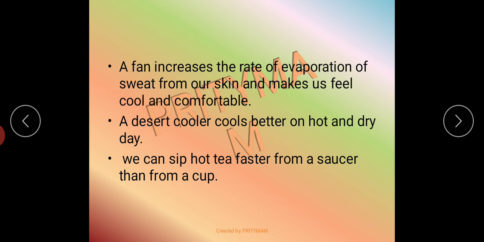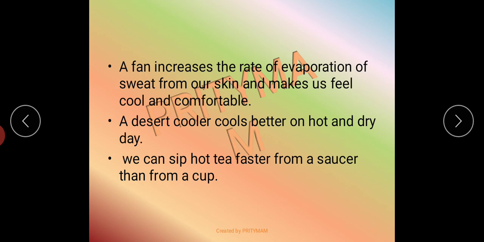This is because the higher temperature on a hot day increases the rate of evaporation of the water, and the dryness of air or low humidity of air also increases the rate of evaporation of water. And due to the increased rate of evaporation of water, a desert room cooler cools better on hot and dry days.